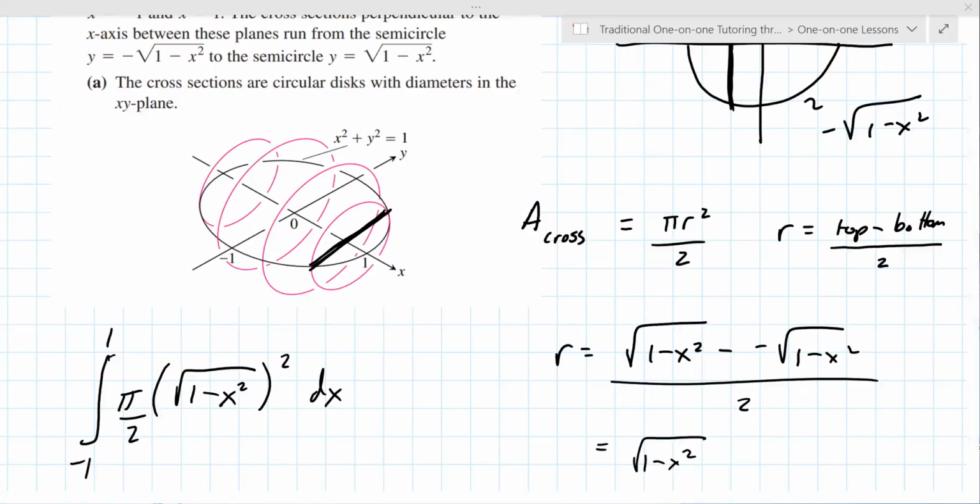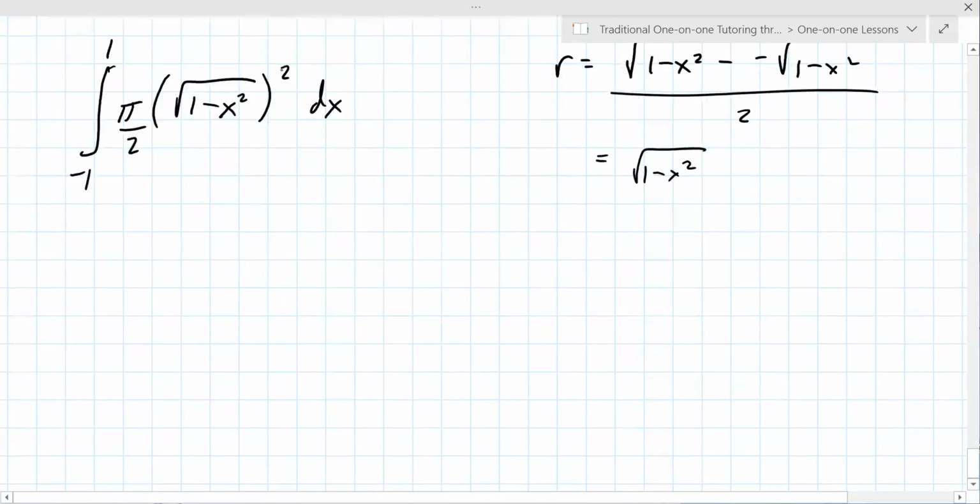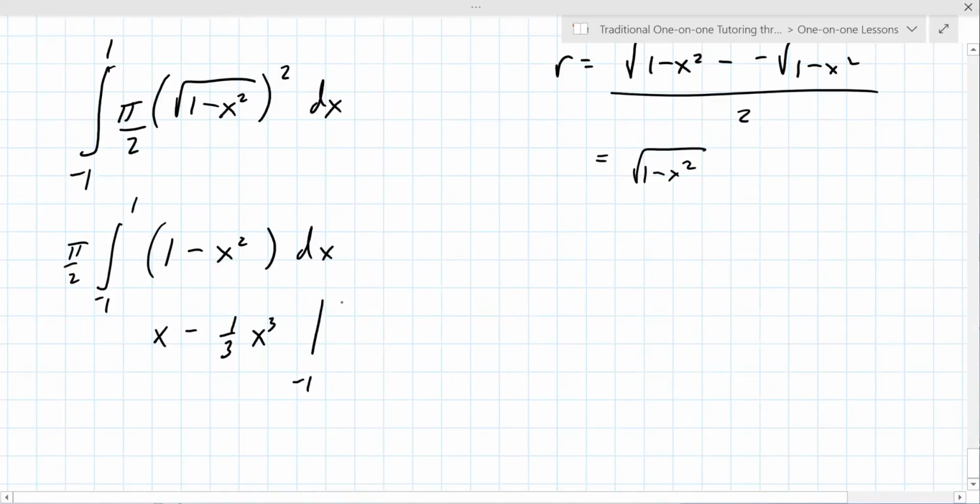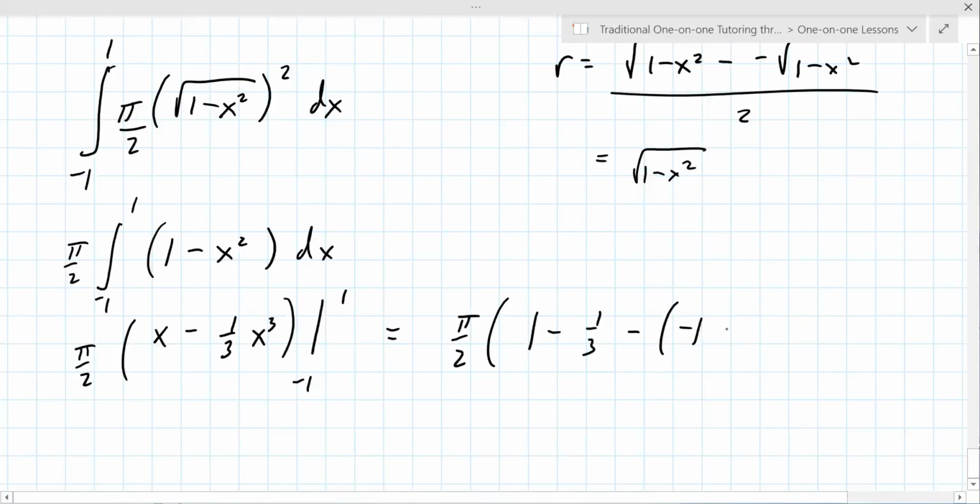Okay. So from here, it's just a matter of doing something you've always done, which is you know how to evaluate this. We don't even need the picture anymore, but the pi over 2 I'll bring out, integral -1 to 1. This part in here reduces to 1 minus x squared dx. So it becomes x minus 1/3 x cubed, evaluated from -1 to 1, and then pi over 2 times whatever that is. So that's pi over 2, 1 minus 1 cubed times 1/3, and then minus -1.